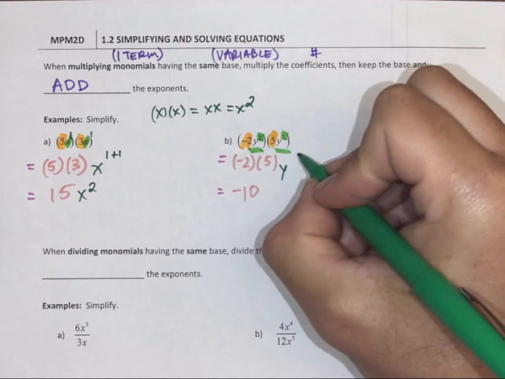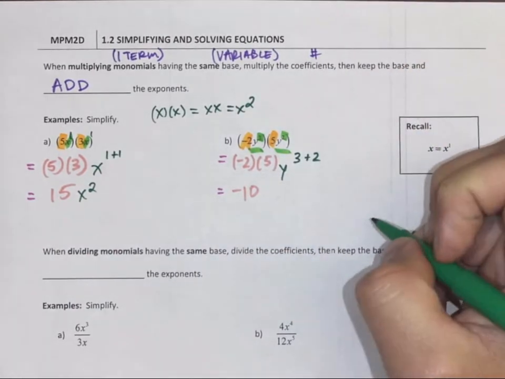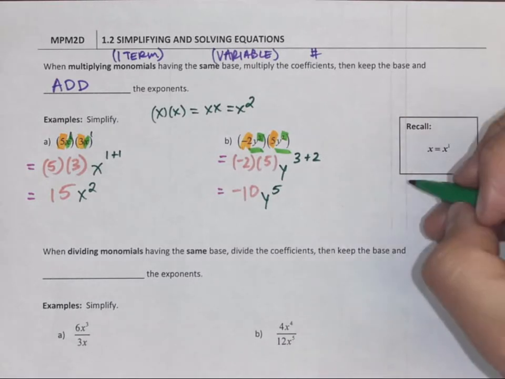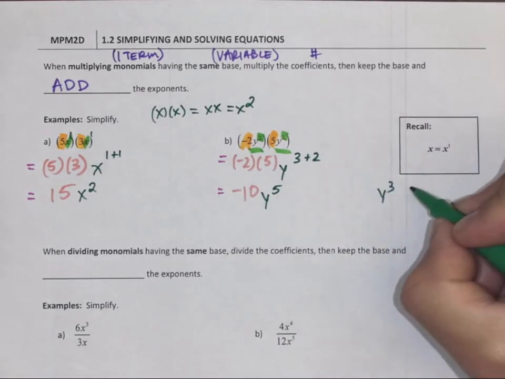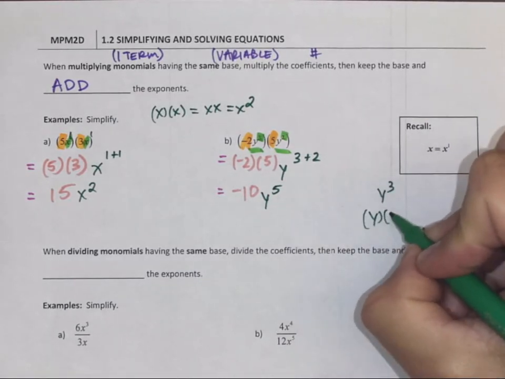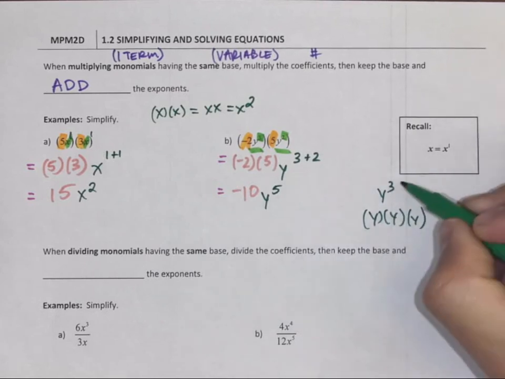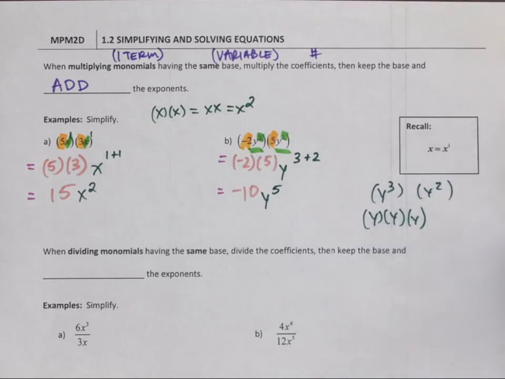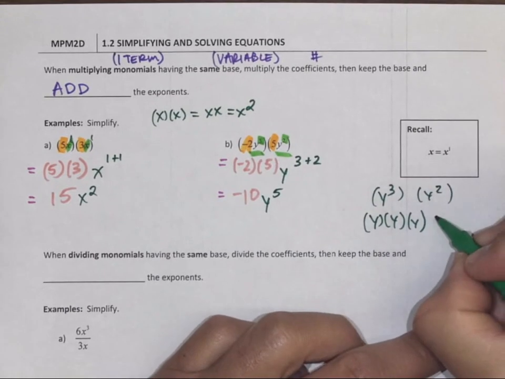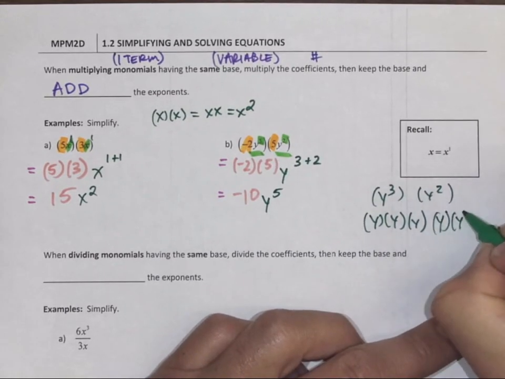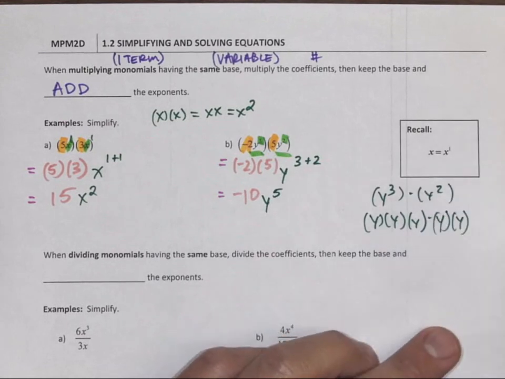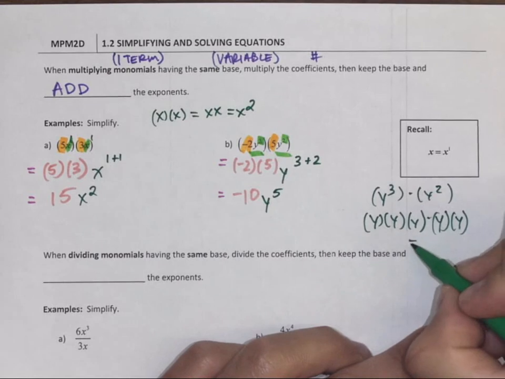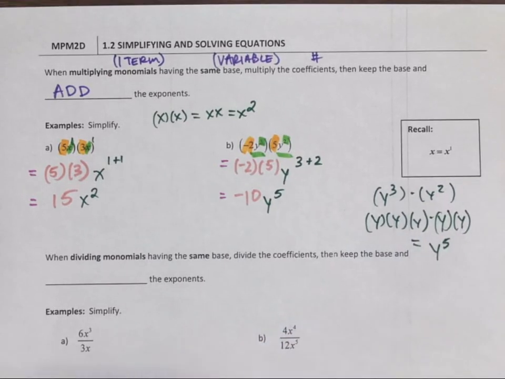That's going to be 3 plus 2, which is 5. So remember, y exponent 3 is really y times y times y, 3 times. If we have that times y exponent 2, y exponent 2 is really y times y. If we multiply them, we really have y times y times y times y times y, which is y exponent 5. 5 of them in a row.